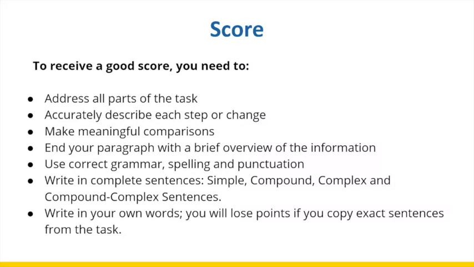Another part that is very important is ending your paragraph with a brief overview of the information. And again, your grammar and spelling and punctuation are very important because this is writing and these are important points for good writing. So make sure you have good grammar, you are checking your spelling and punctuation, of course.